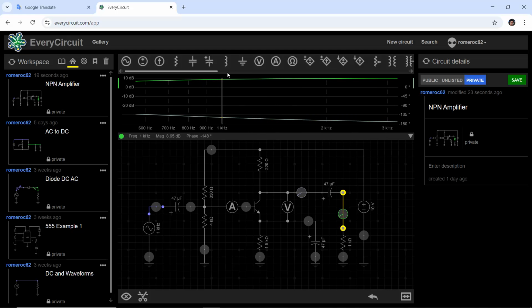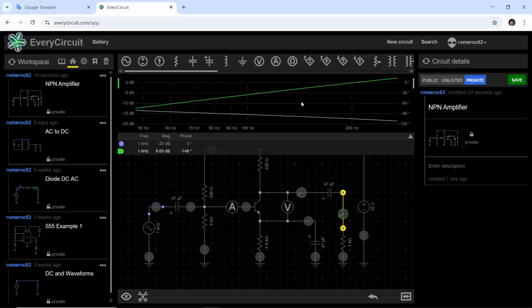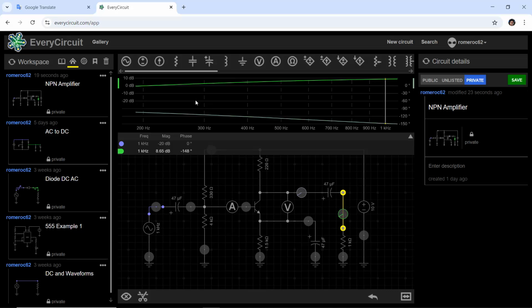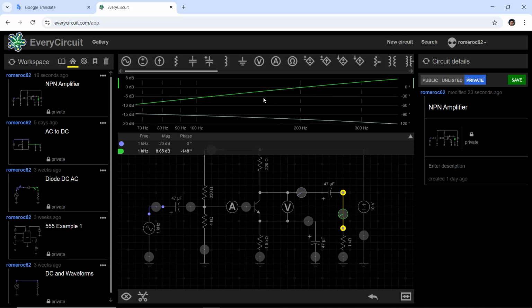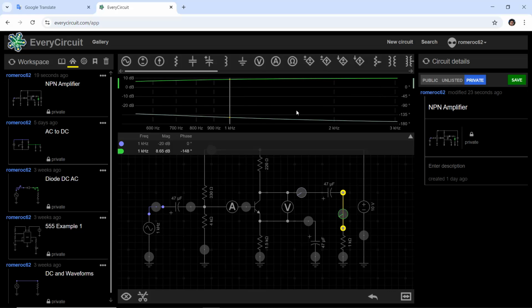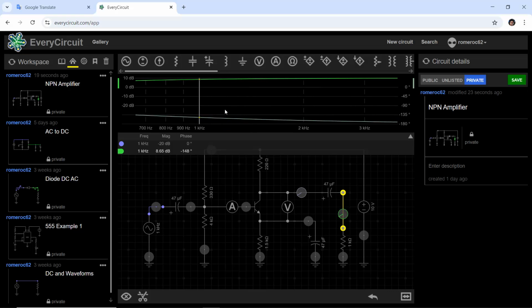Look at the green curve. This is a high pass filter: more frequency, more gain. And the light green curve down here is the phase difference.